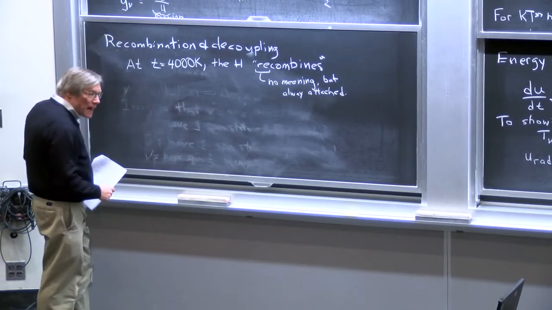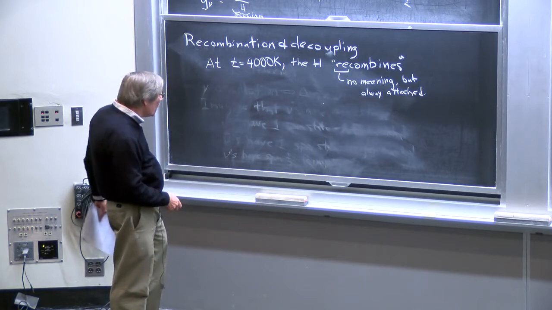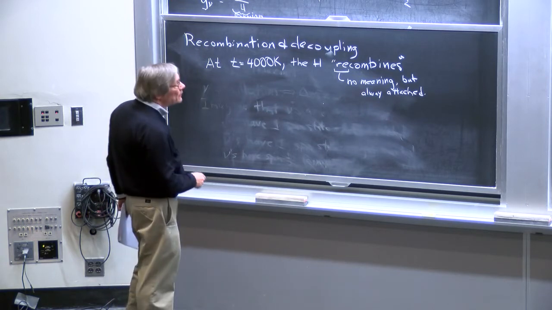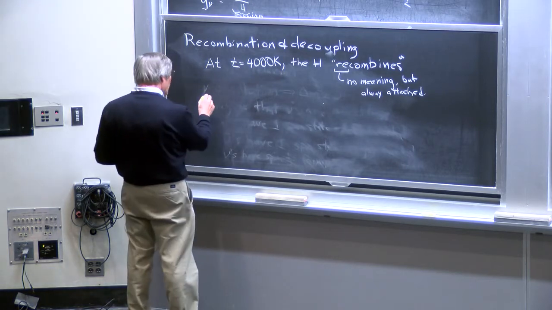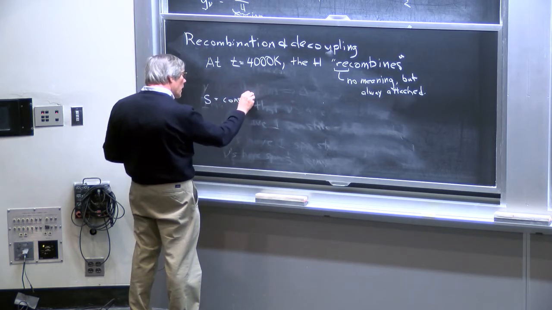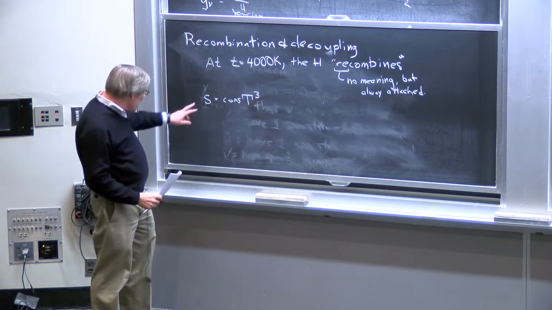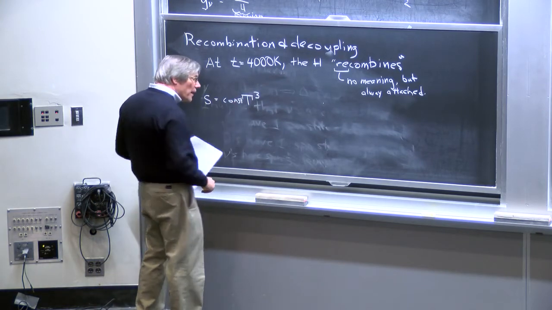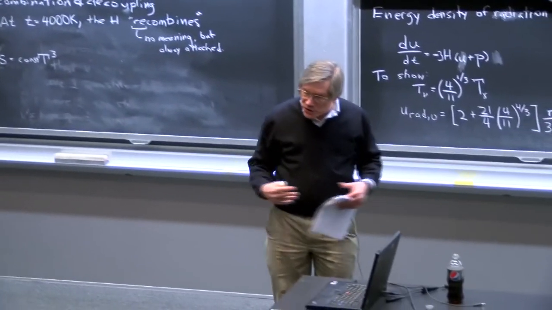Okay, to estimate when this happens, we can use an important fact which we haven't said yet. Because entropy is conserved and entropy density is equal to some constant times t cubed, if entropy is conserved, then like mass density in a matter-dominated universe, as the universe expands, the entropy just thins out.